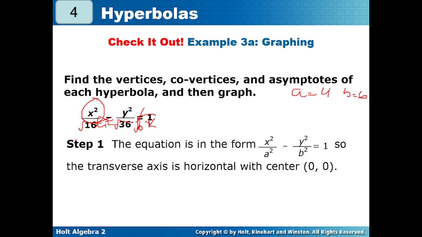So therefore, your transverse axis is horizontal. Why? Because your axis of symmetry is the x-axis. So we could say that your graph is horizontal, or in butterfly mode.